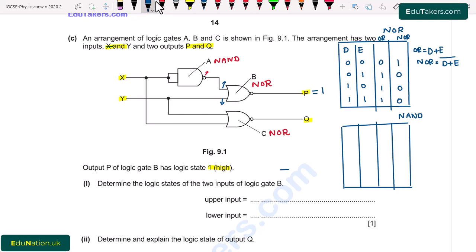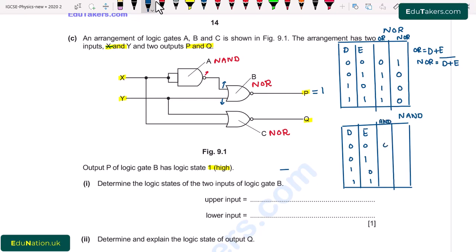While for NAND gate again consider two inputs D and E, 0 0, 0 1, 1 0, 1 1, and it is AND gate.